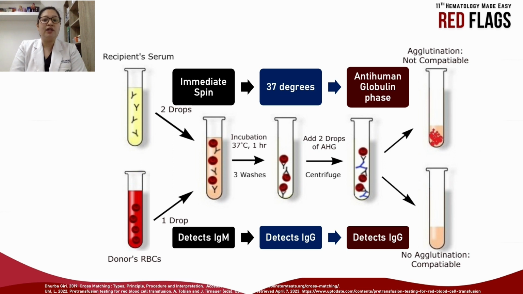No agglutination can be interpreted as a compatible crossmatch if the patient has a negative antibody screen. For a patient who has a clinically significant antibody or antibodies, the selected units for crossmatch will be antigen negative. Donor red blood cell units are screened to identify those that lack the antigen or antigens corresponding to the antibody or antibodies identified in the patient.